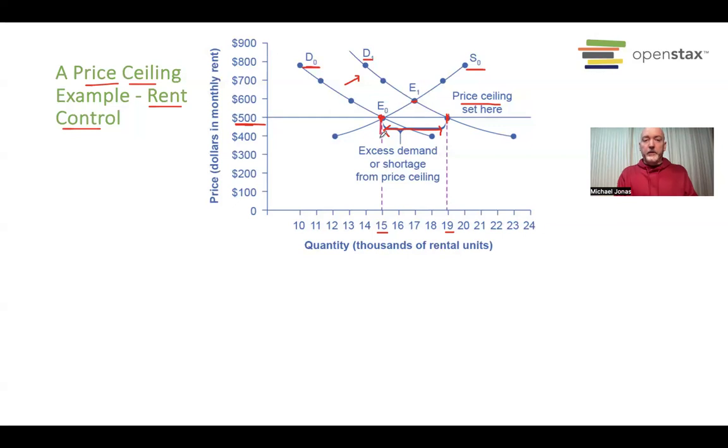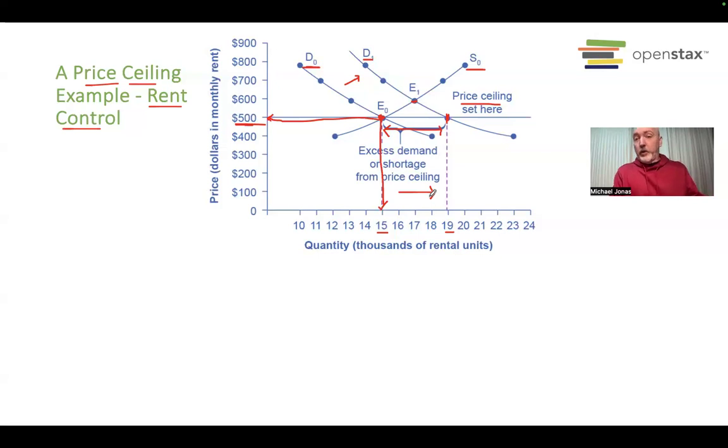So there's the same number of units available that there were before the shift. We just have more people wanting to live there than there are units available.